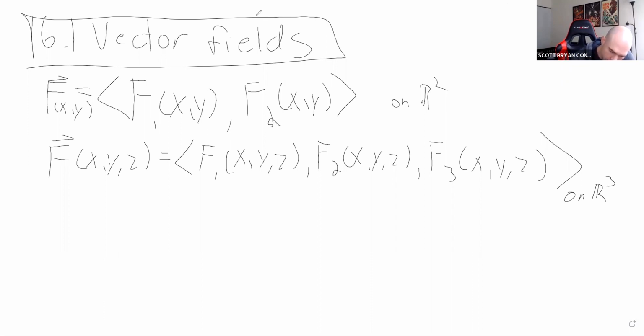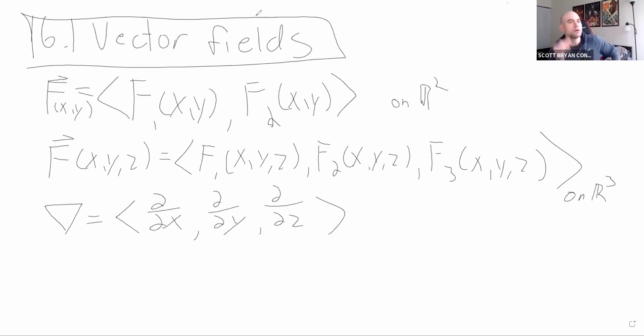Okay, so we saw the del operator. We think of it as a vector whose components are partial derivatives, whose components are the operation, take the partial derivative.